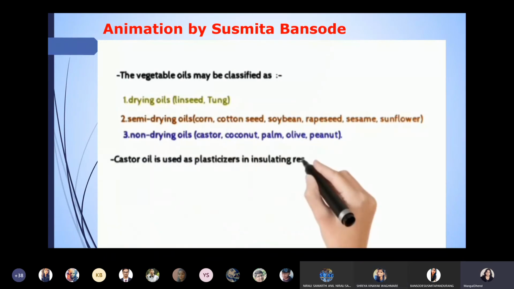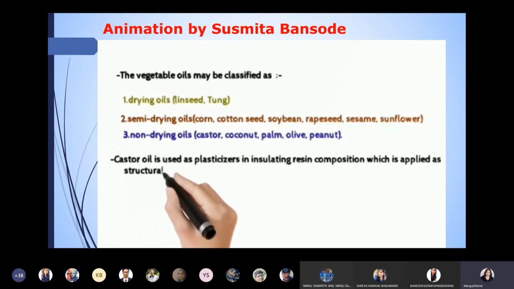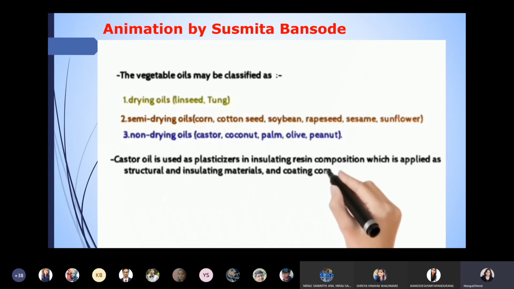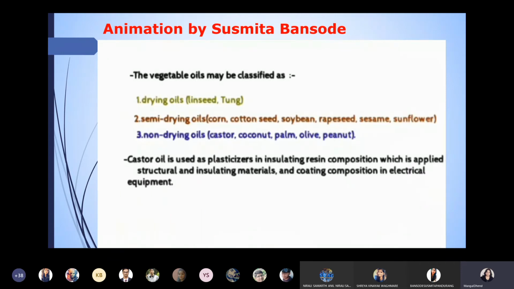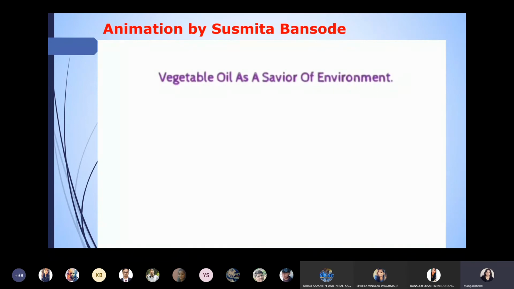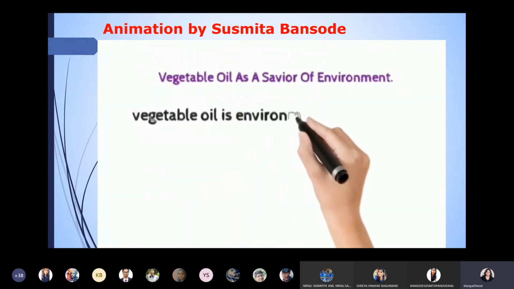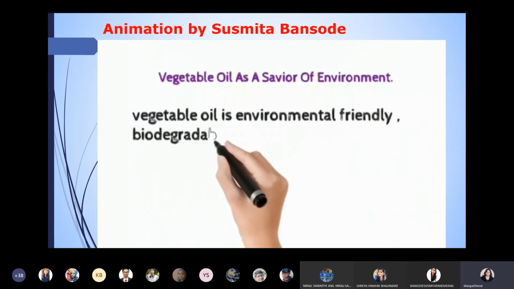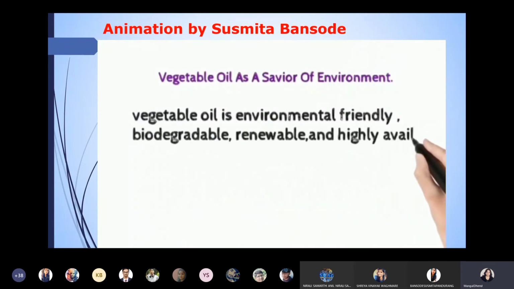Castor oil is used as a plasticizer in insulating resin compositions, which are applied as structural and insulating material in electric equipment. Vegetable oil is the savior of the environment: it is environmentally friendly, biodegradable, renewable and highly available.